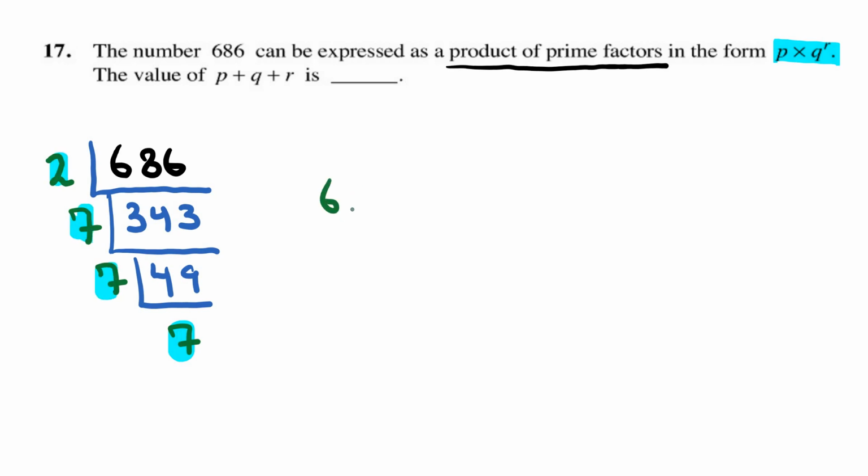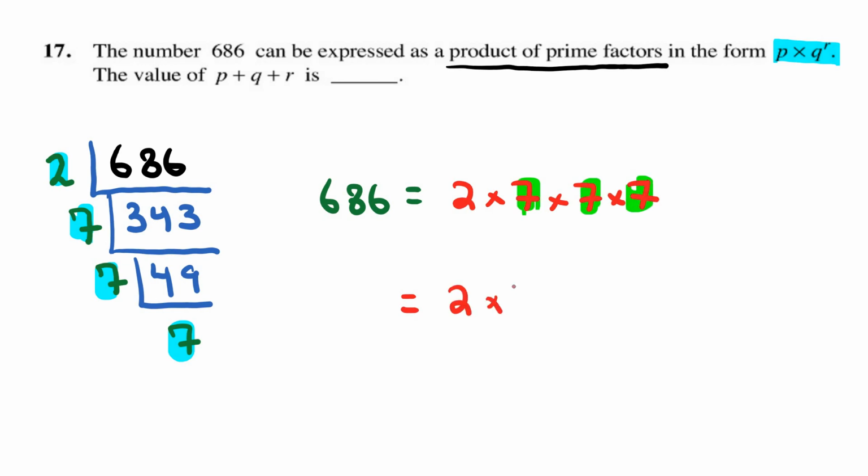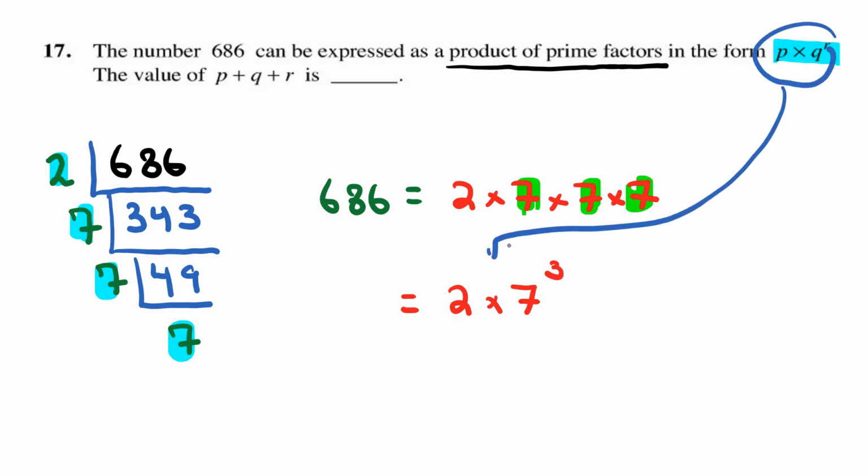So let's go ahead and jump to our final answer here. The prime factors are 2 times 7 times 7 times 7. And since we have 3 7s, this will be 2 times 7 to the power of 3. And then if I just line up this p times q to the r, let's just put that below here.